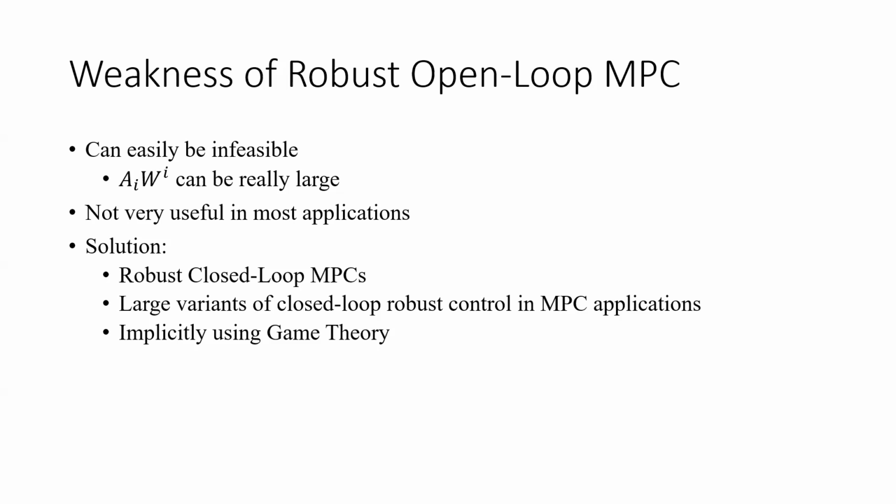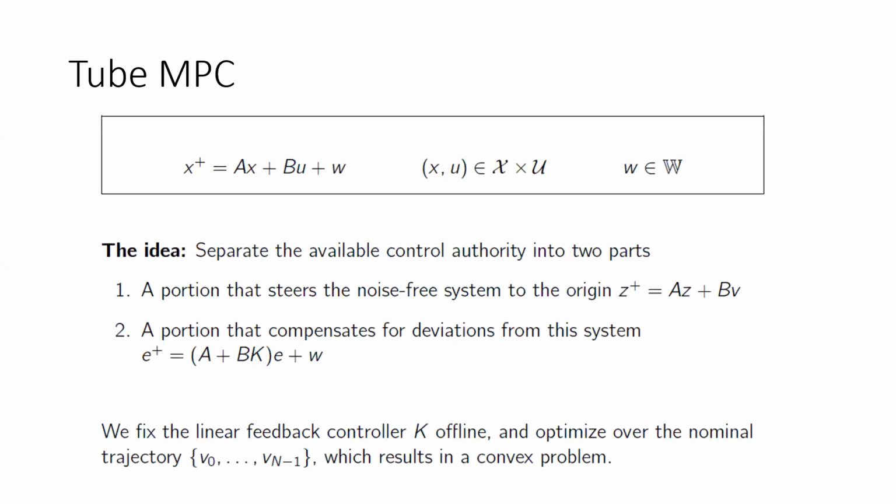At your current time step, you have knowledge of what the disturbance did in the previous time step. You cannot predict what it will do next, but you have your current state, so you probably know the effect of the disturbances over the history steps. You can design a control policy in response to that instead of just letting it grow blindly. That's why the closed loop method came up.